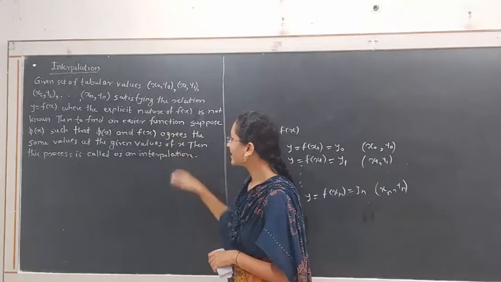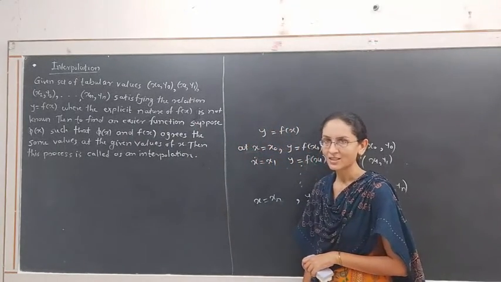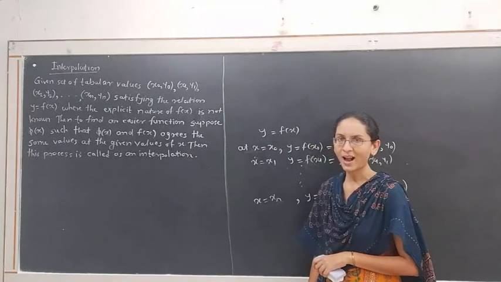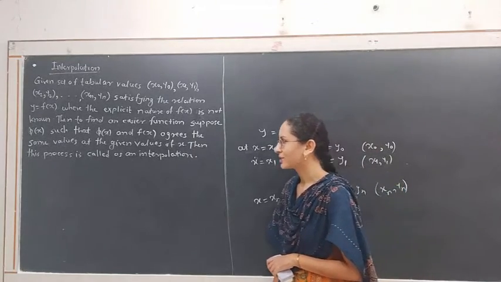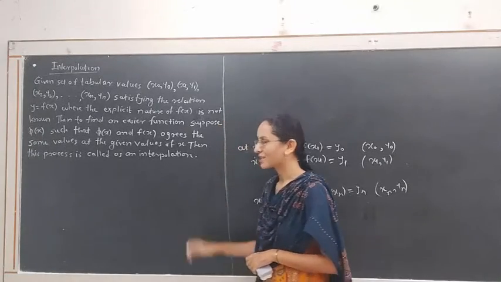Then we find the simplest function, suppose that function is phi, such that f of x and phi of x agree at the given values of x. Then this process is called interpolation.